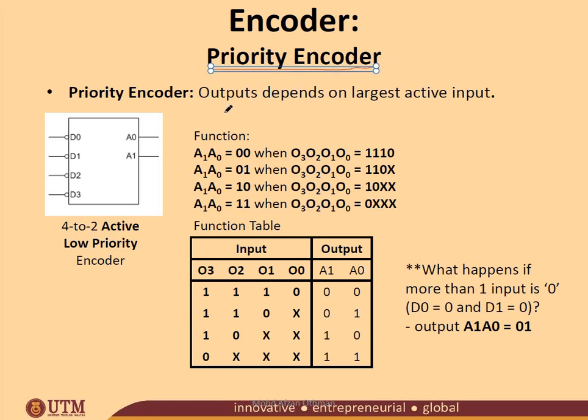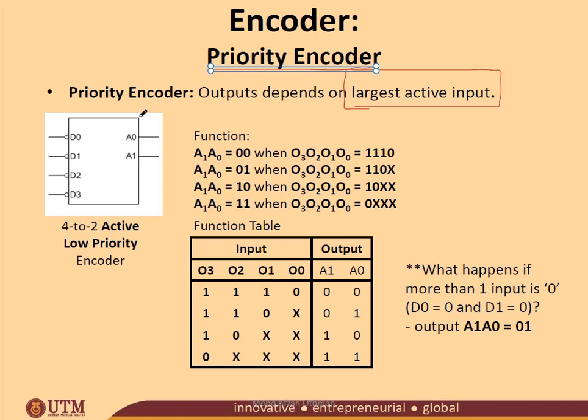Okay, in priority encoders, the output depends on the largest active input. It depends on the largest active input. It means we can simply say it is the most significant bit. Okay, for easy understanding, it can be referred to as the most significant bit of the active inputs.